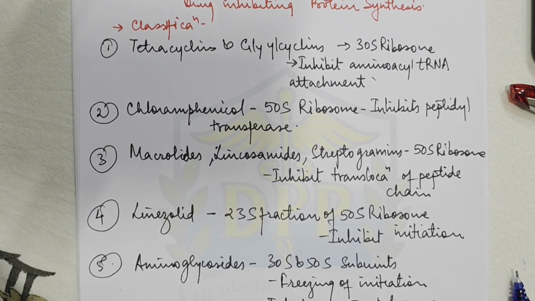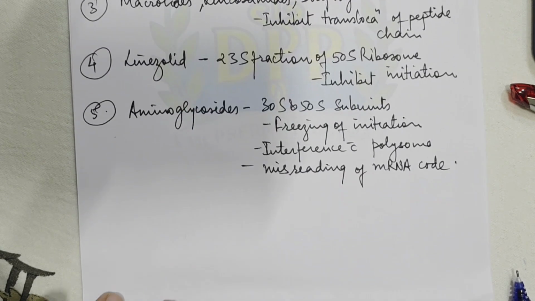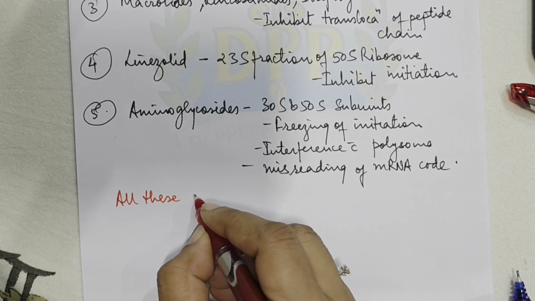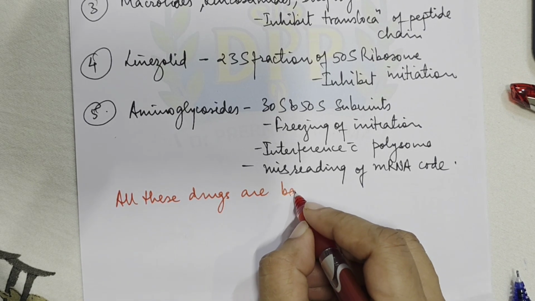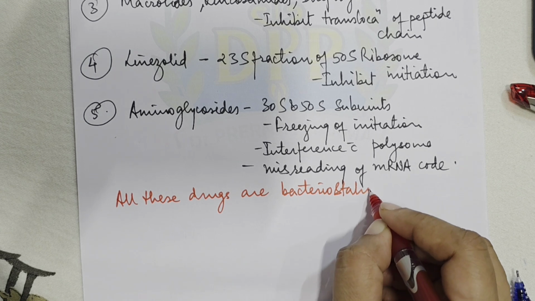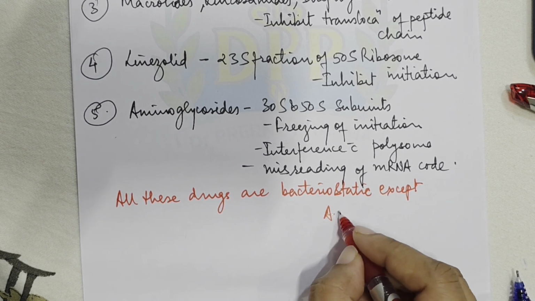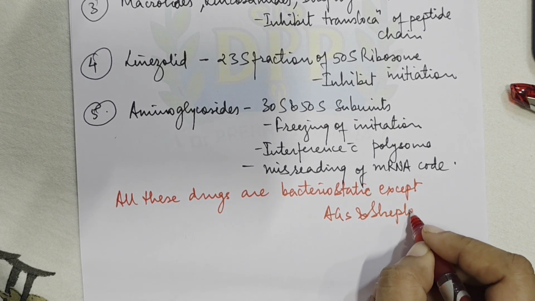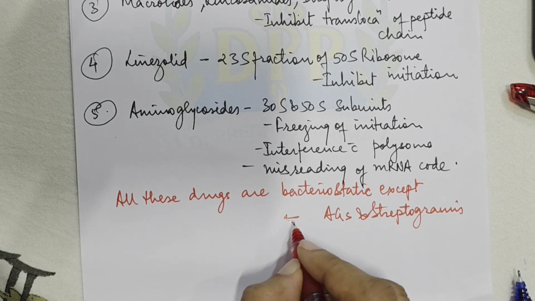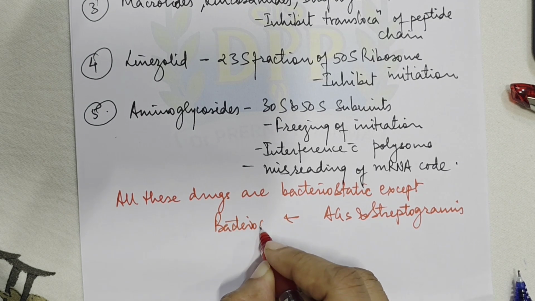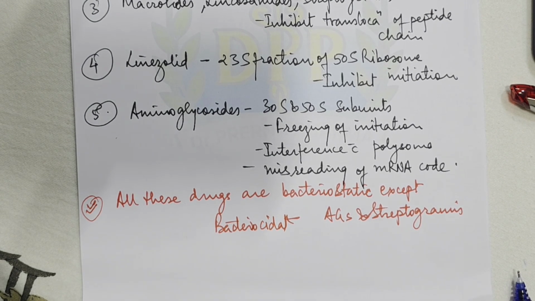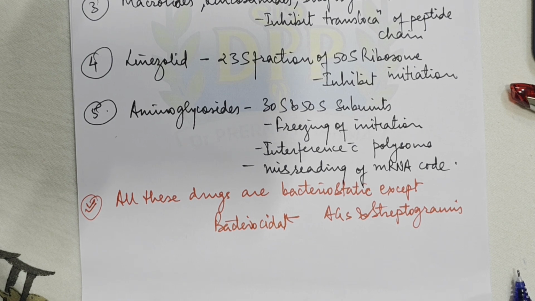So these are the drugs which inhibit the protein synthesis. Now all these drugs are bacteriostatic except aminoglycosides and streptogramins. These are the drugs which are bactericidal. Okay. So this is an important point that you have to remember.